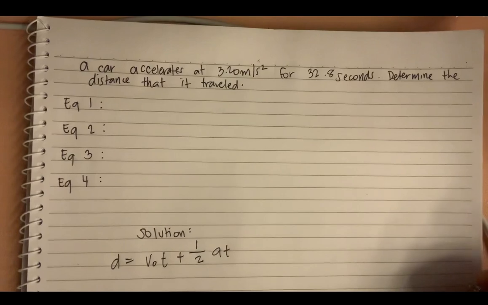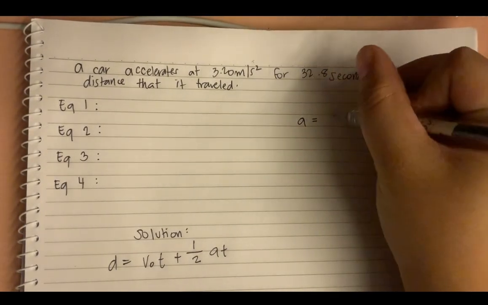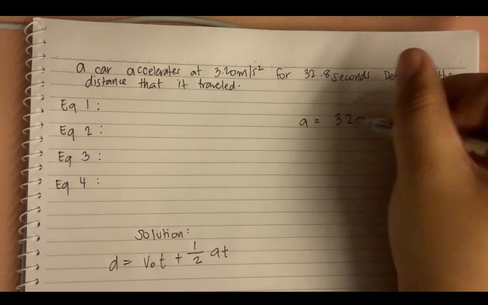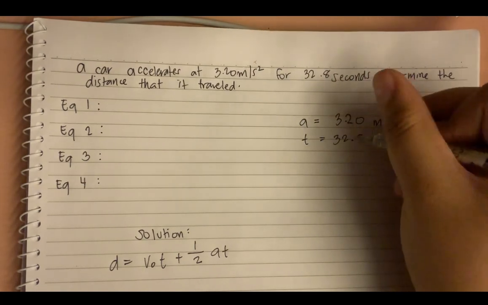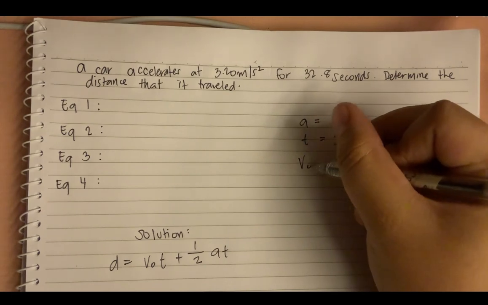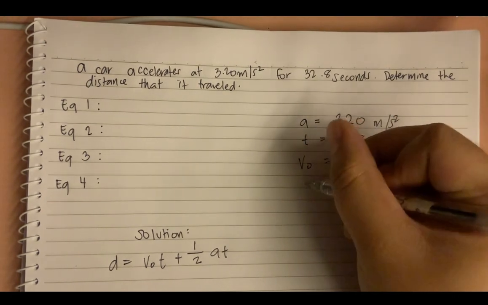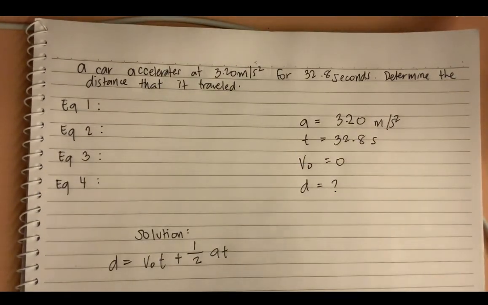From the problem, our givens are: acceleration is equal to 3.20 meters per second squared, our time is 32.8 seconds, our initial velocity is equal to 0 because of course it starts from rest, and our distance is unknown since it is what we are looking for.